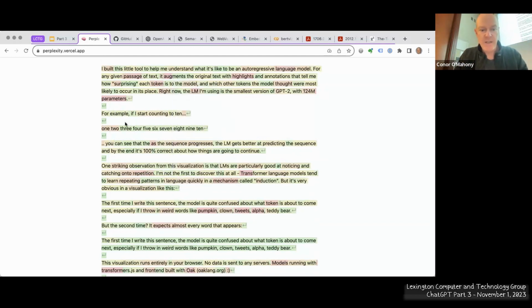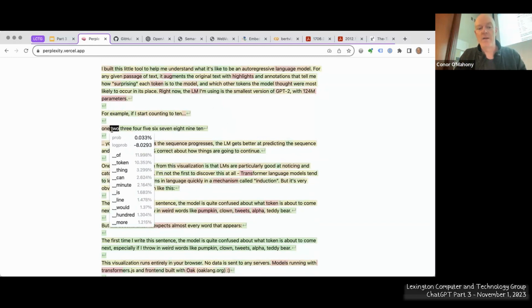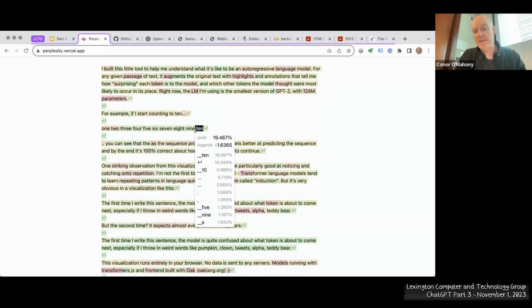So, for instance, it wouldn't have predicted the number 1 or the word 1. It wouldn't have predicted the word 2, but then it would have predicted the word 3 and so on as it went along. And it's also interesting if you look at the alternatives it was considering.